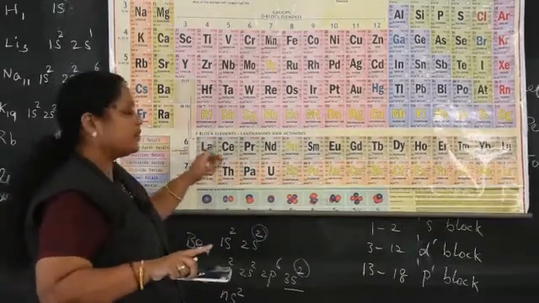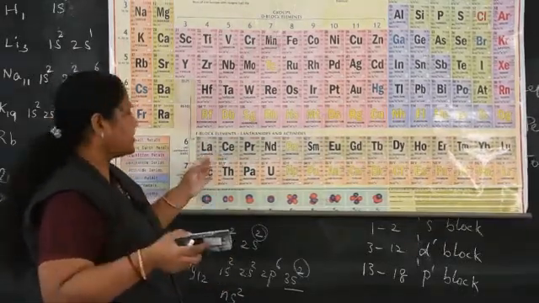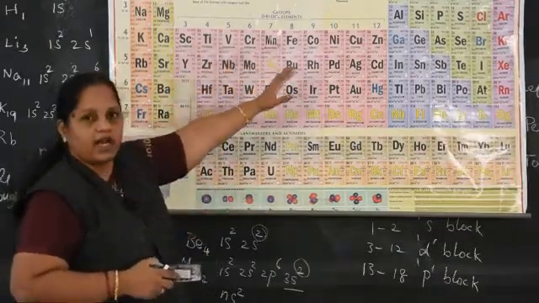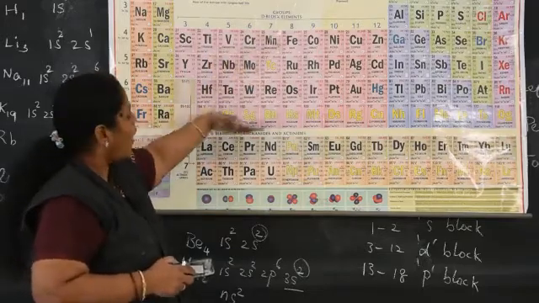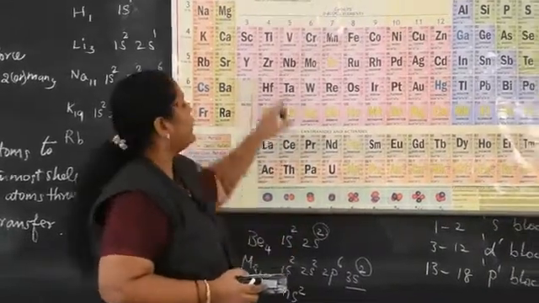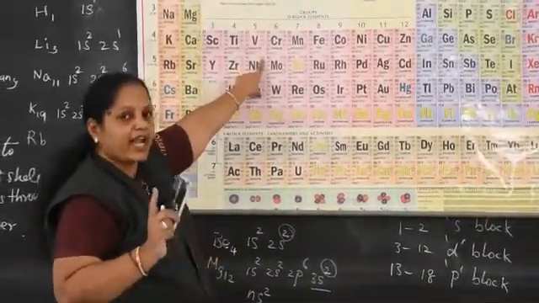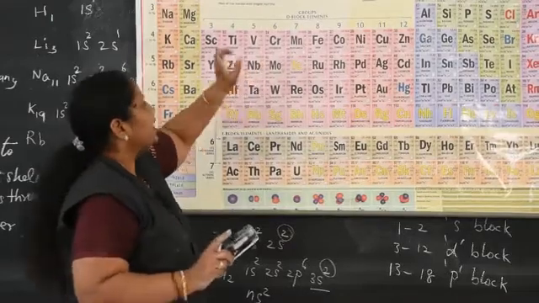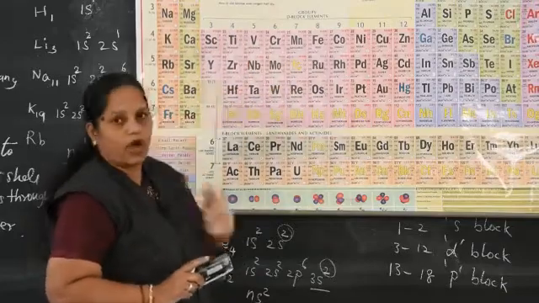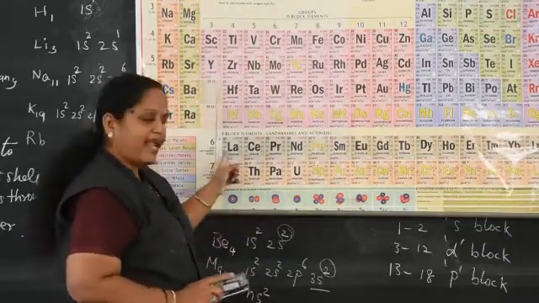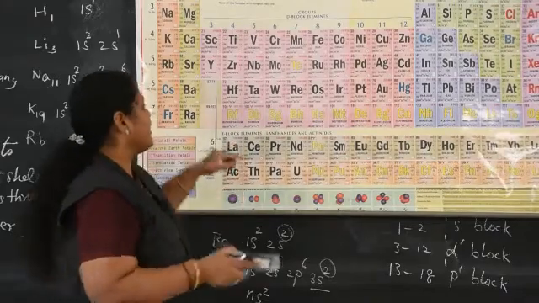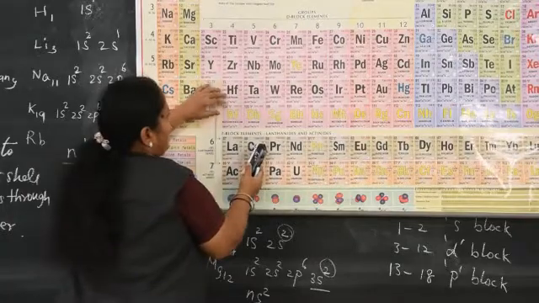Why this F block element? These are important in our plus 2 and 11th standard. 2 more questions. Why are D block elements called transition elements? Why are F block elements called inner transition elements? D block elements are called transition elements because the property of D block elements is in between S and P block elements. Why are F block elements called inner transition elements?